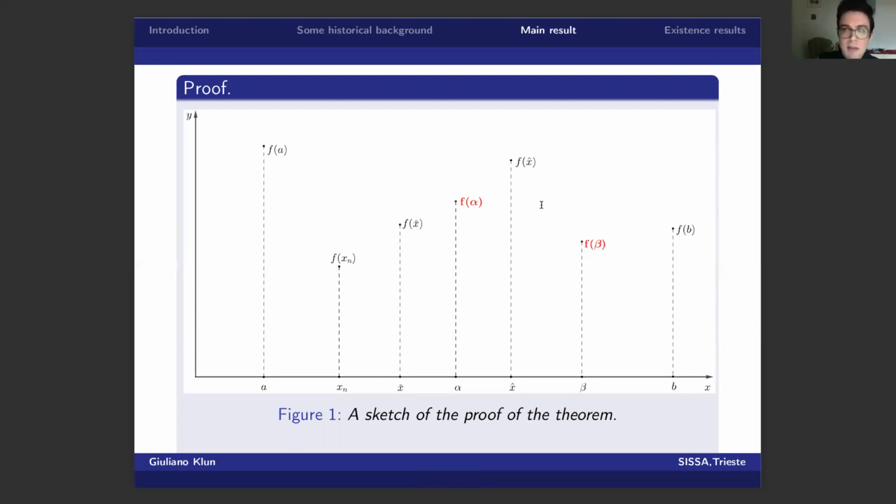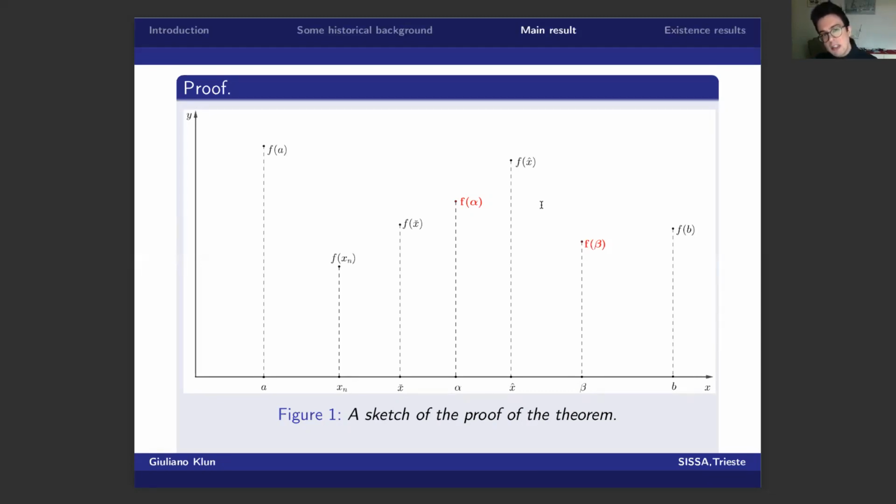Then, up to a subsequence, there exists a sequence x_k such that f(x_k) converges to the infimum, and up to a subsequence x_k converges to some point of [a,b] that we call x check. Now we want to prove that the function f has to be non-decreasing over the interval [x check, b].